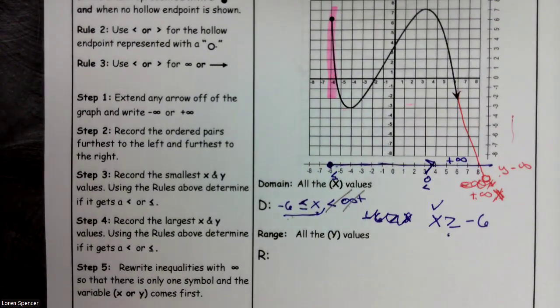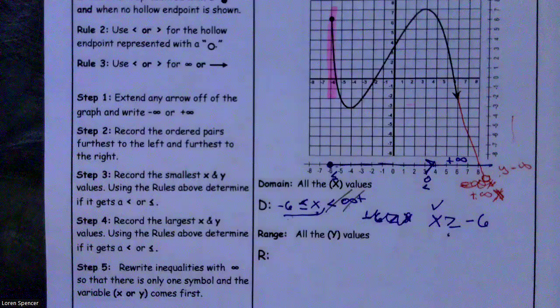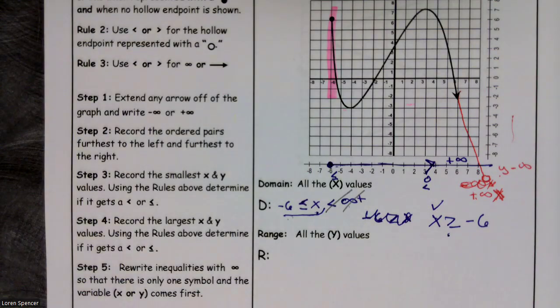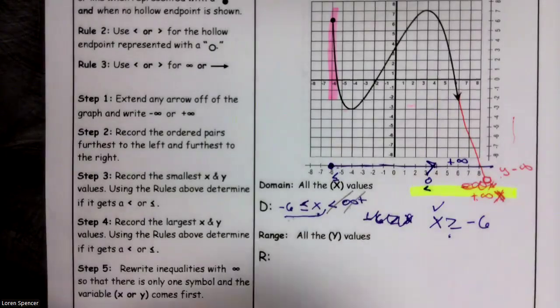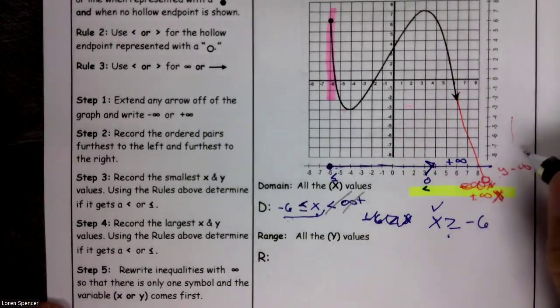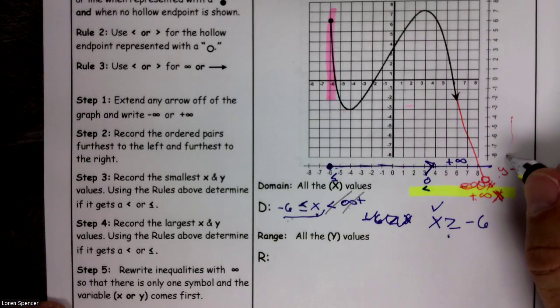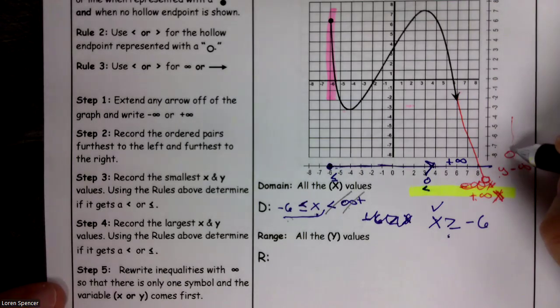So the range: where do we start? I love these lights going on and off. Okay, the range. We're starting off the graph at negative infinity, which means we're getting a hollow down here. This is a hollow or an arrow.